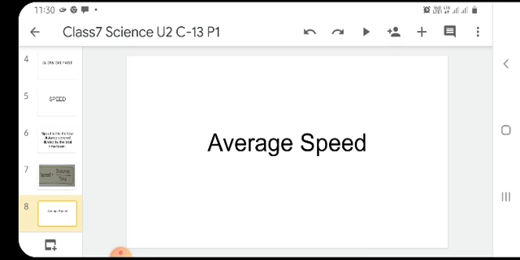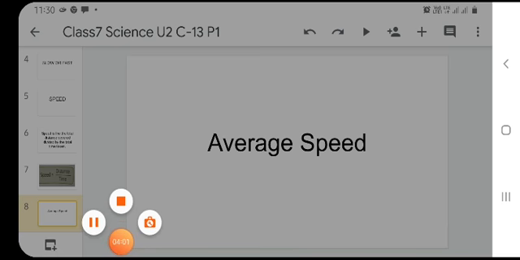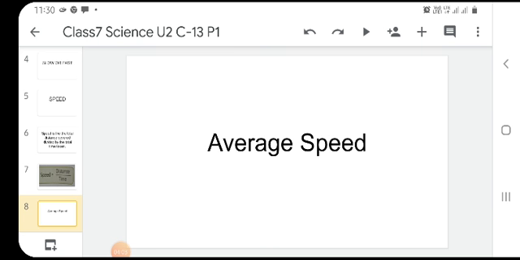Now, what is the average speed? Within a given interval of time, an object may move at different speeds at different instants of time. For example, imagine that a car travels from Mumbai to Pune in 3 hours.